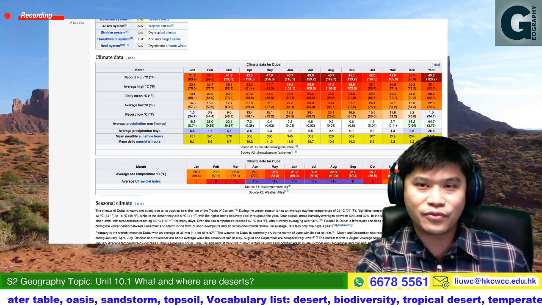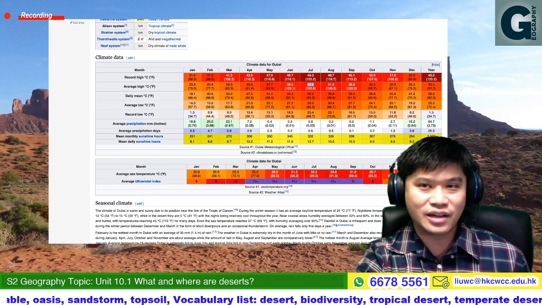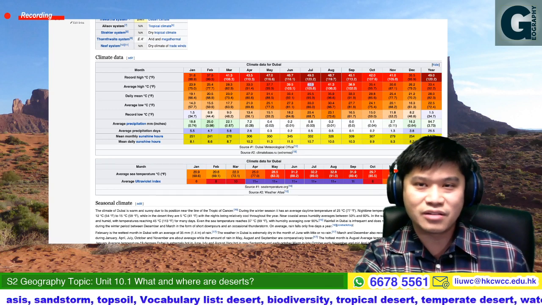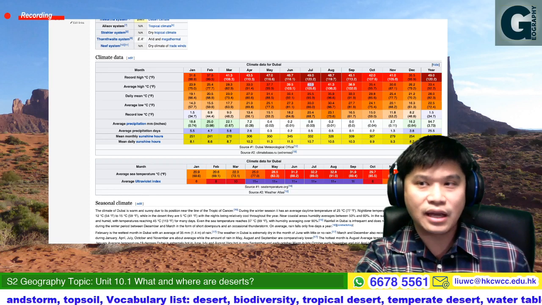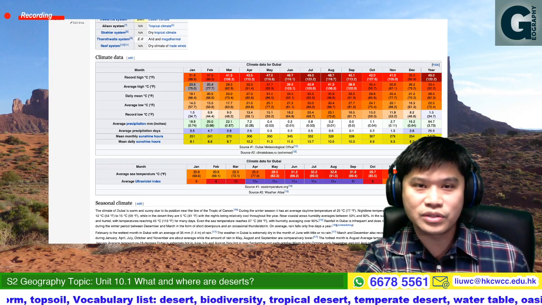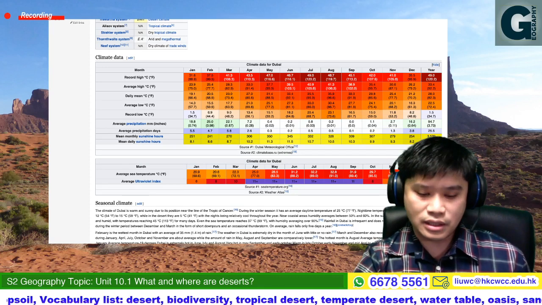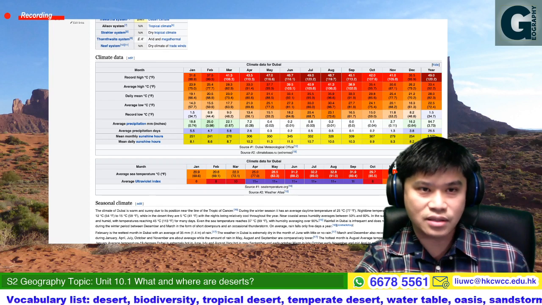That would be 40.9 degrees Celsius. I don't think we have experienced 40 degrees Celsius in Hong Kong, but that would be the average high. And you can see that throughout the whole year, the temperature in this city is also high.